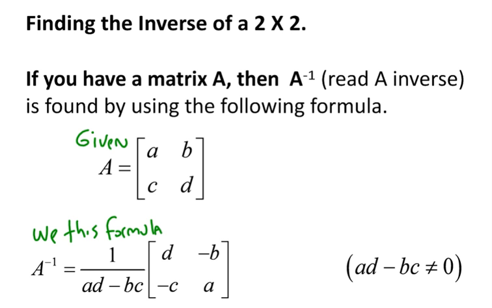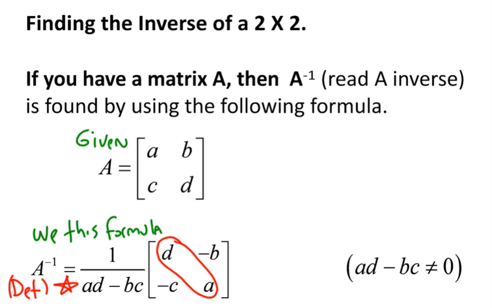Well, what's kind of interesting is that when we do this, we first have to find the determinant of the matrix. You can see down here that this right here is the determinant of that matrix. And then what else they did was they're going to multiply it by, they reversed, you can see here they reversed A and D, the positions.